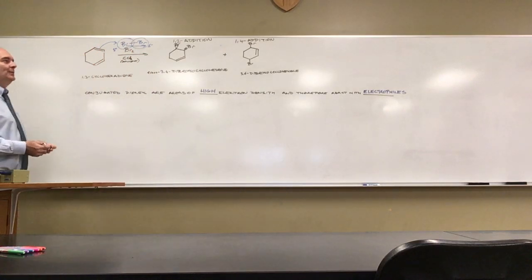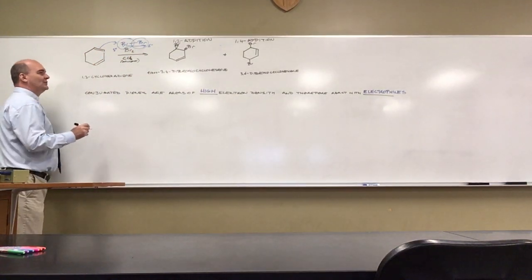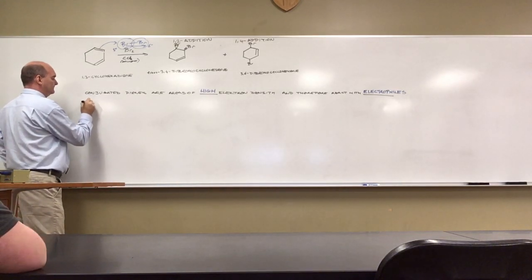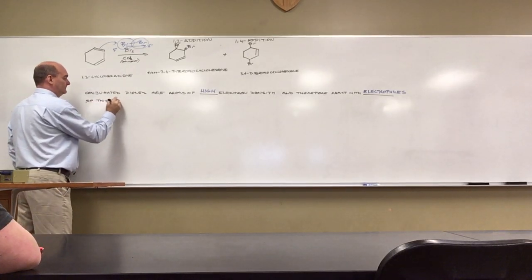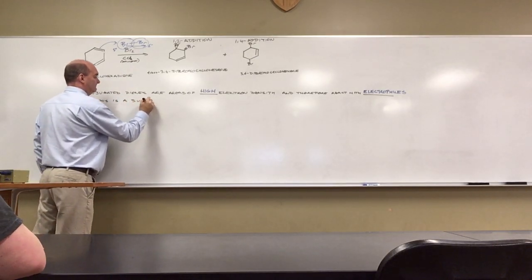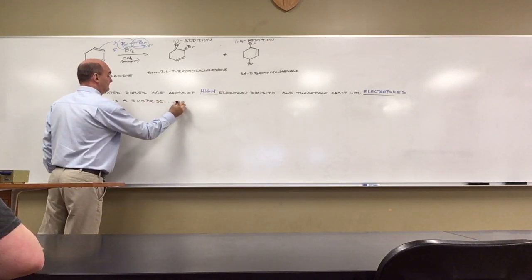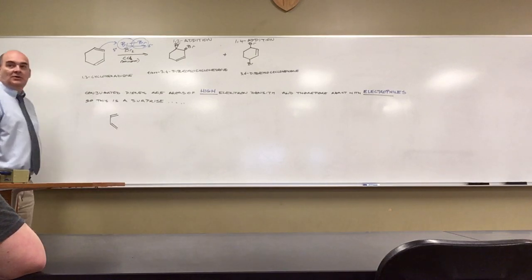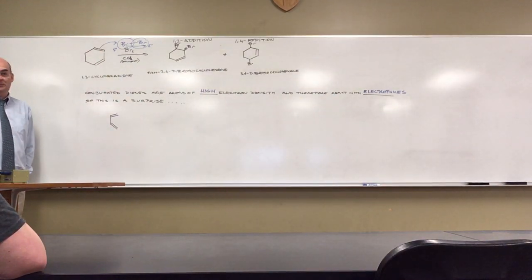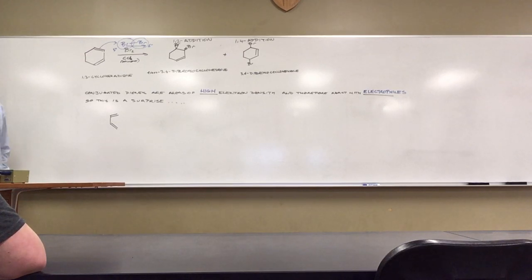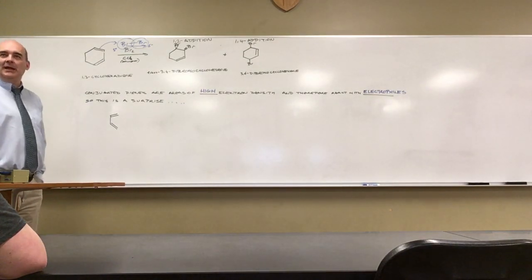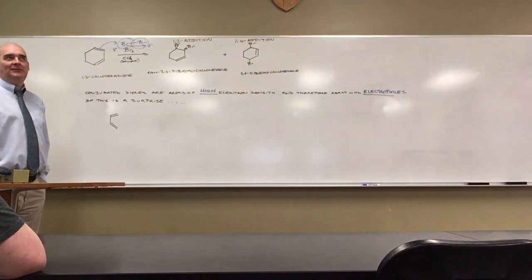So what I'm about to write on the board makes no sense at all. Here's a conjugated diene. It's butadiene. We're going to keep them all nice and simple. If they're symmetrical, then life is easy.